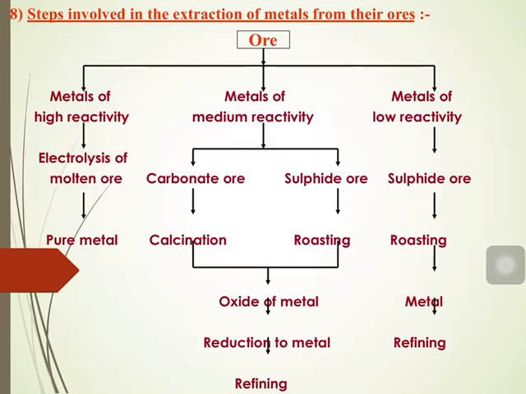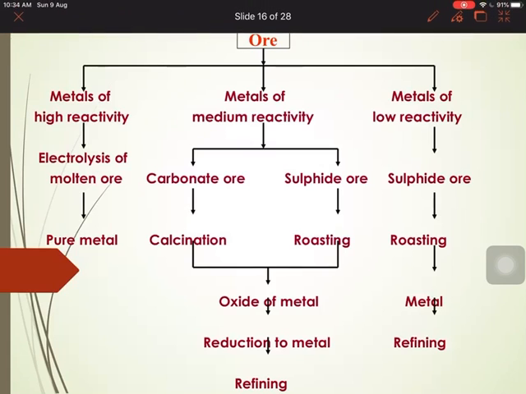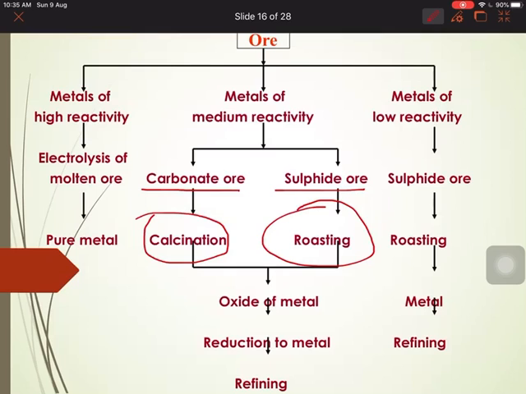Medium reactivity metals are generally found in two forms: carbonate and sulfide ores. And the processes used are calcination and roasting. These are the two important processes we'll discuss in the next slides.